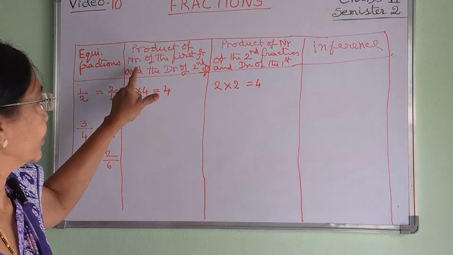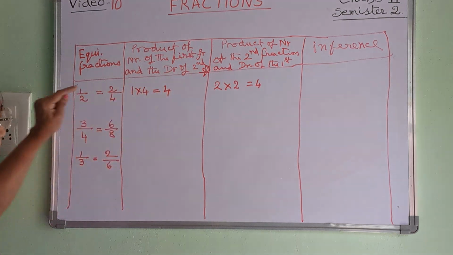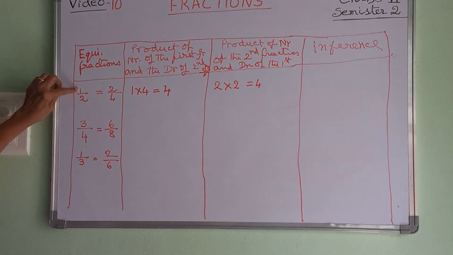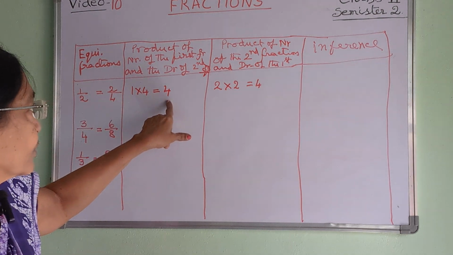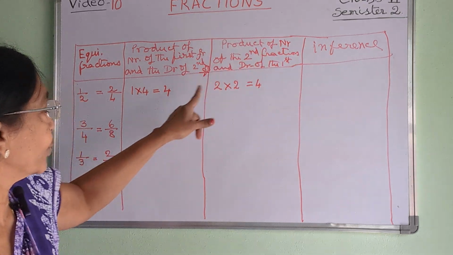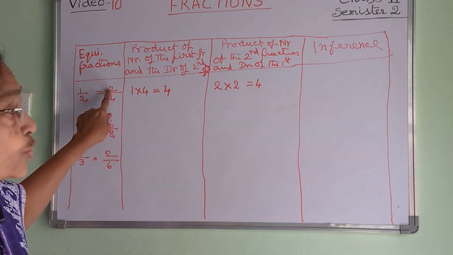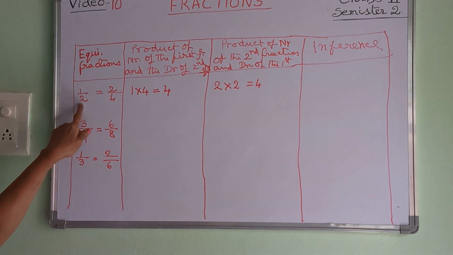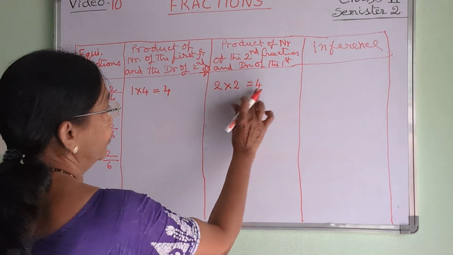So the product of the numerator of the first fraction and the denominator of the second fraction, 1 into 4, is equal to 4. Next, the product of the numerator of the second fraction, which is 2, and the denominator of the first fraction, which is 2. Therefore, the product 2 into 2 is 4.